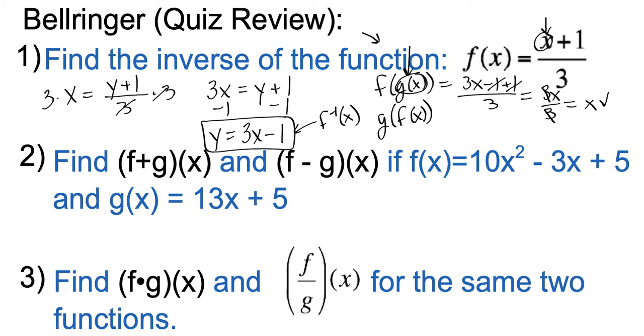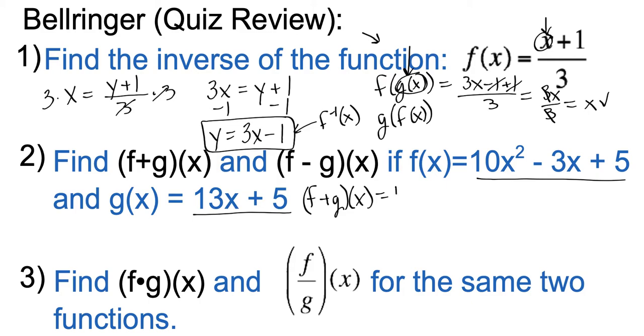Okay? So next one is just addition and subtraction of functions. We have g of x is this and f of x is that. We're doing f plus g of x. So that means we're going to add those two together, and then f minus g of x, we're going to subtract those two. So the first one, f plus g of x, we're going to take those and add them together. All right, so it's going to be this one here plus this one here.